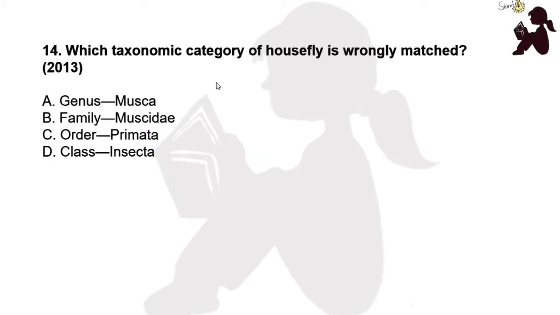The next question is which taxonomic category of housefly is wrongly matched? Okay. So for this, we have to know the taxonomic category of the housefly. So housefly is under the kingdom Animalia. Okay. Then the phylum. Phylum of the housefly is the Arthropoda. Then the class.